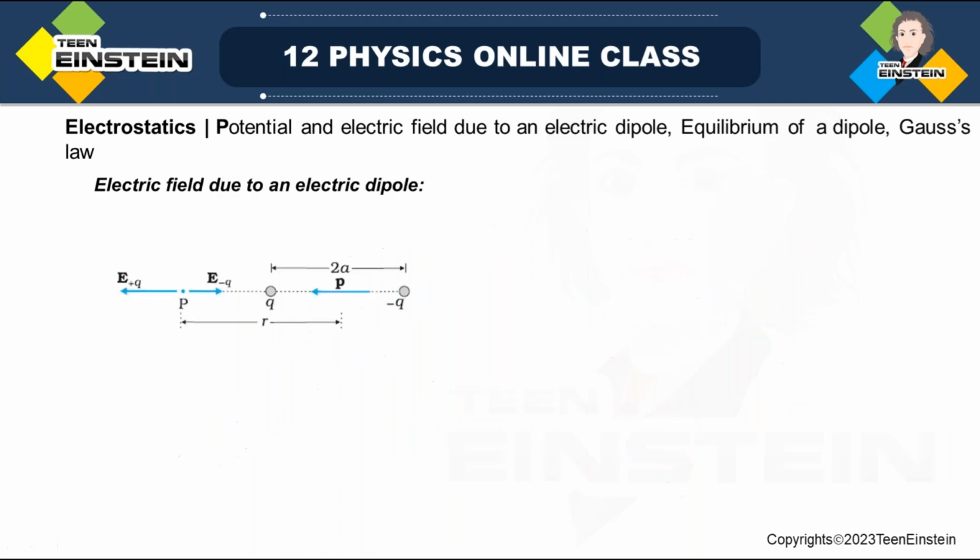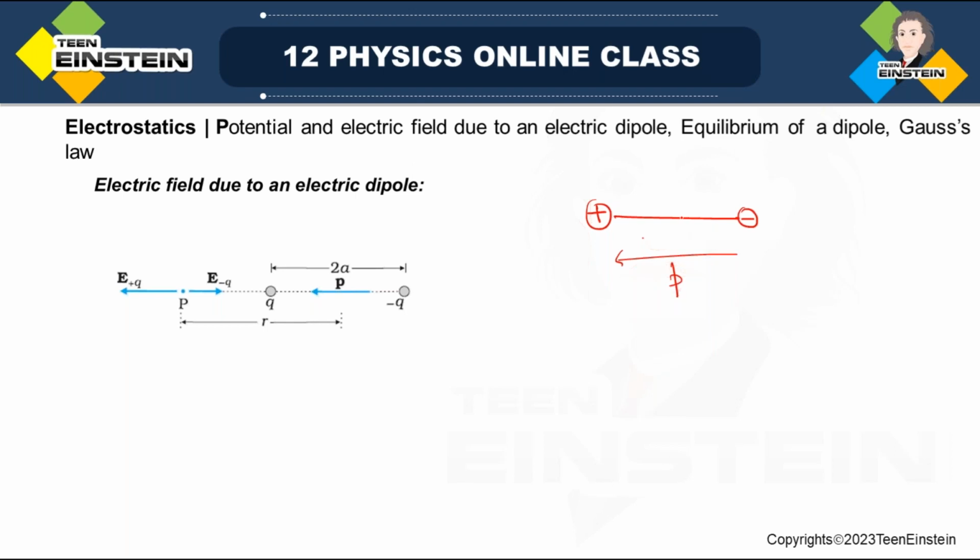Today we will be finding electric field due to an electric dipole. If I have a dipole, I'm just drawing it here. Suppose this is a positive charge and this is a negative charge. The dipole moment has a direction from negative to positive, as you know. That is the direction of this dipole moment p.